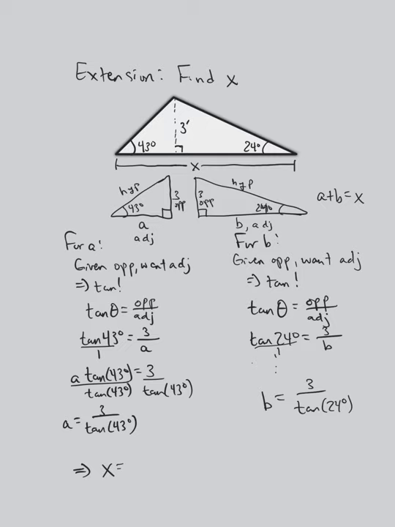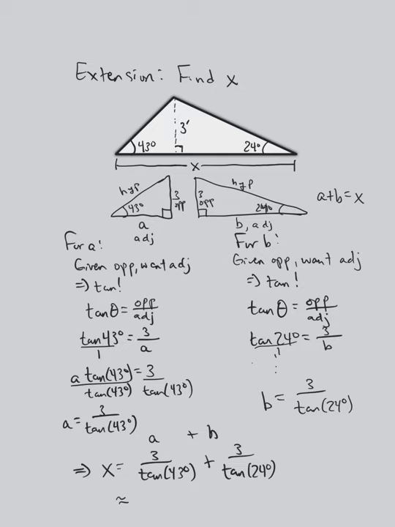So x is a plus b, but a is 3 divided by the tangent of 43 degrees, plus 3 divided by the tangent of 24 degrees. That's the exact answer right there. But then to get the approximate, you can type that in all at once, and then you don't have to worry about any kind of rounding error.